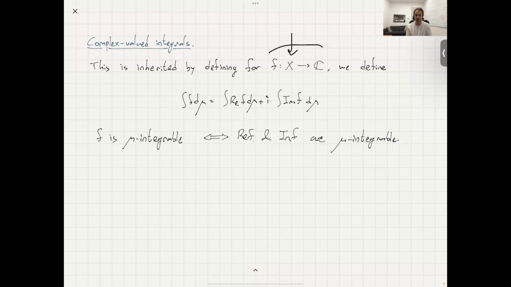You can define the integral by taking the integral of the real part plus i times the integral of the imaginary part of the function. You define the function to be integrable if both these functions are integrable, and you just inherit all the theory from the real valued setting.